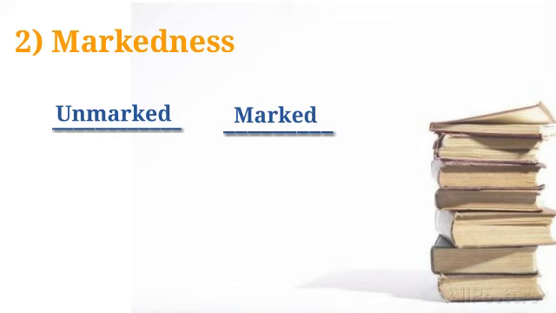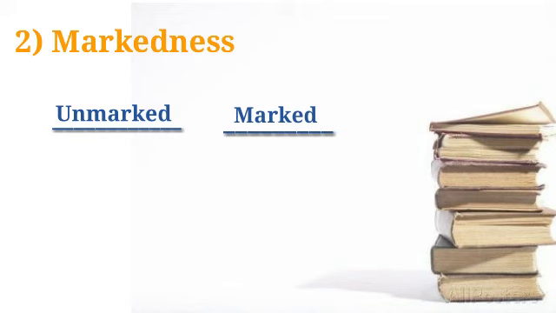The second, markedness. That is contrast between two or more members of a category such as number, case, or tense. One of them is called marked if it contains some extra affix as opposed to the unmarked member which doesn't.